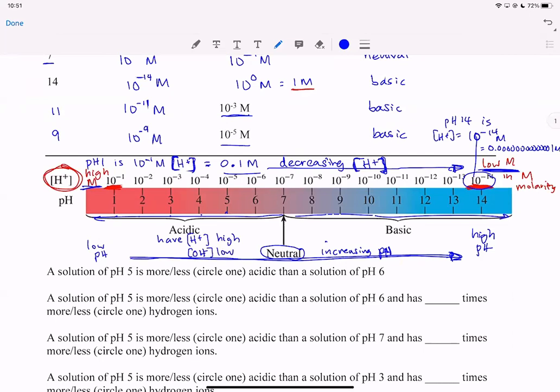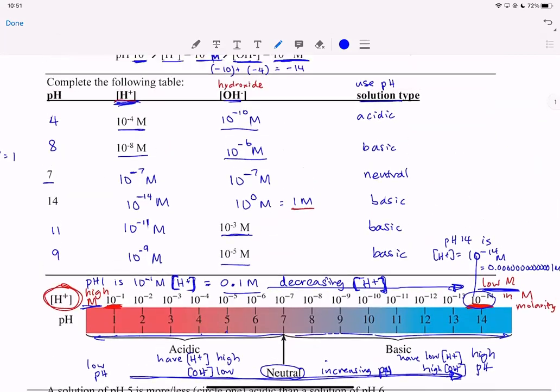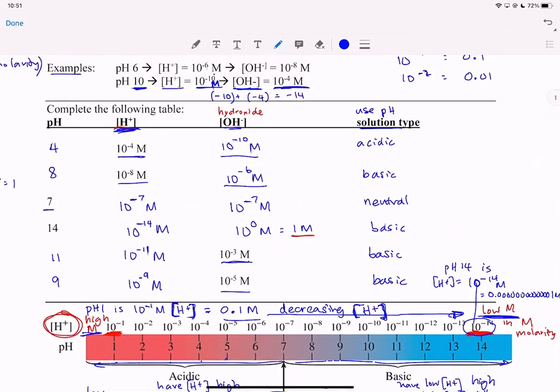And then basic solutions, bases, have a low hydrogen ion and a high hydroxide. Okay, so hydrogen ion and hydroxide ion are related, just as you saw with both of these. Every solution, whether acidic, basic, or neutral, will have hydrogen ions and hydroxide ions. They are related. If one is high, the other is low.